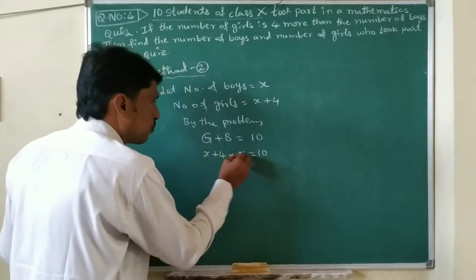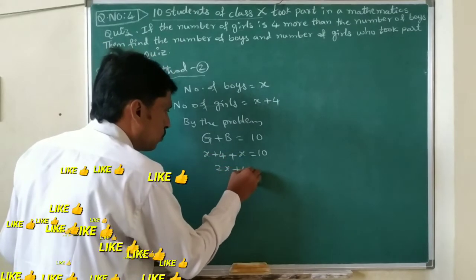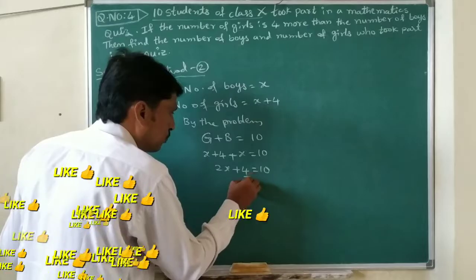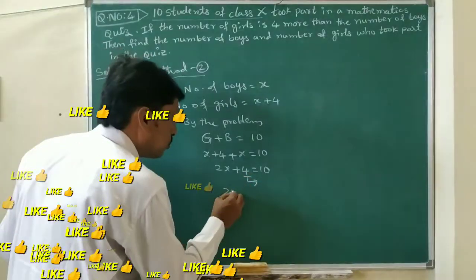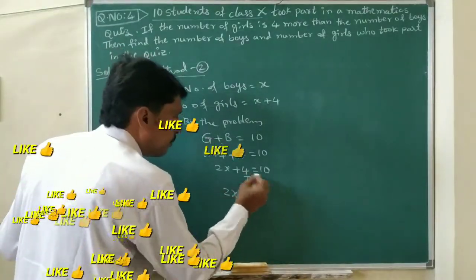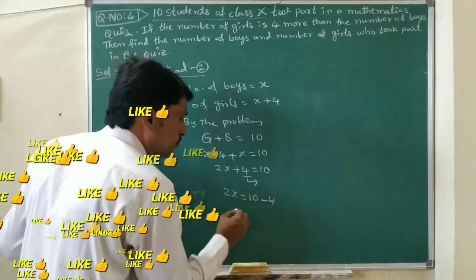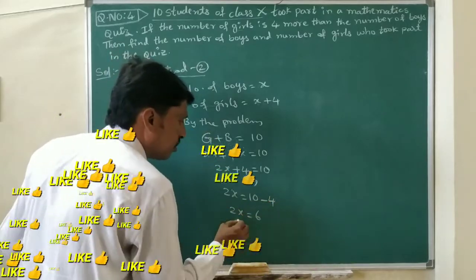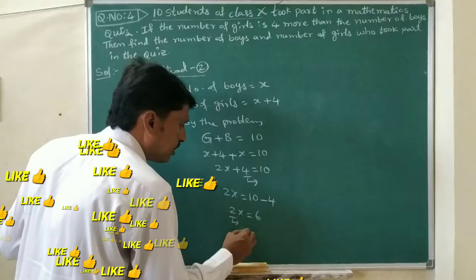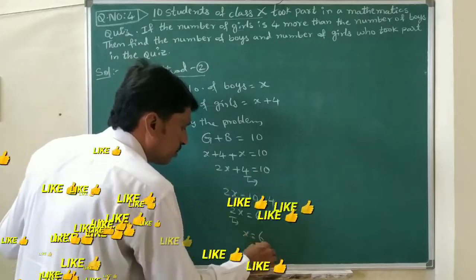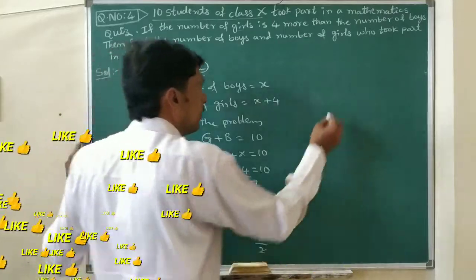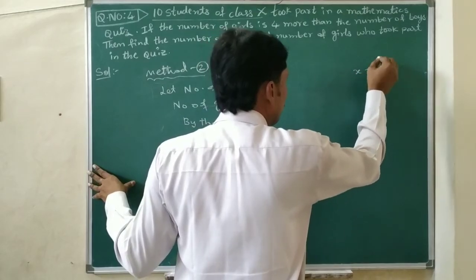So x plus x, 2x plus 4 equal to 10. This 4 you can transpose to right. 2x equal 10 minus 4. 2x equal 6. So this 2 also we are transposing to right, means x equal 6 by 2. 2 ones are 2, 2 threes are 6. x value we got it here, 3.